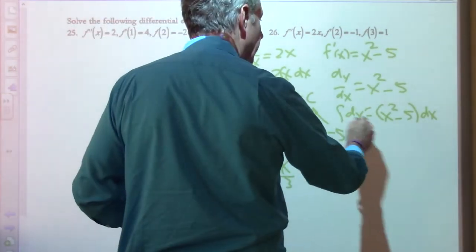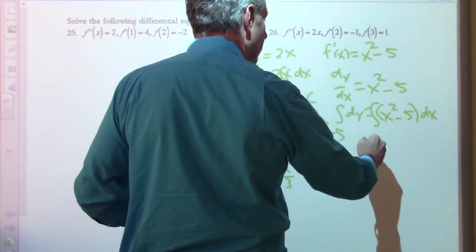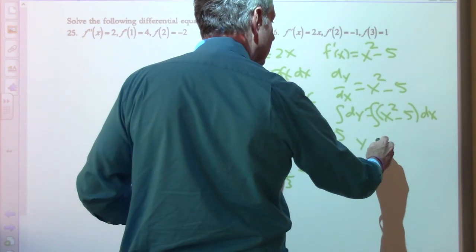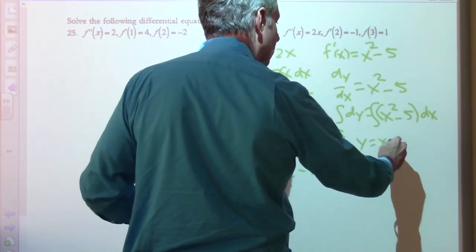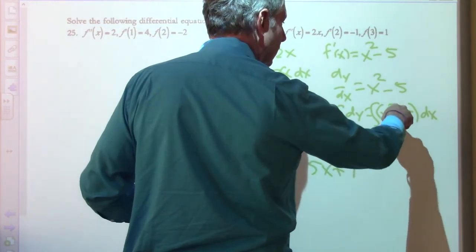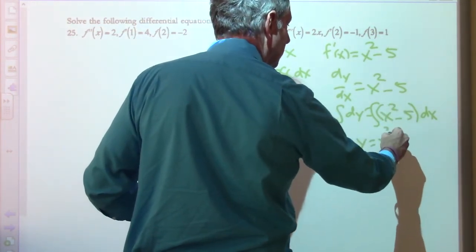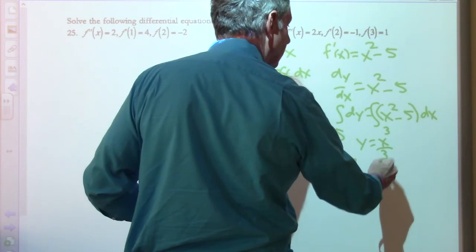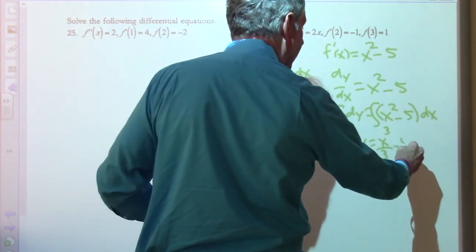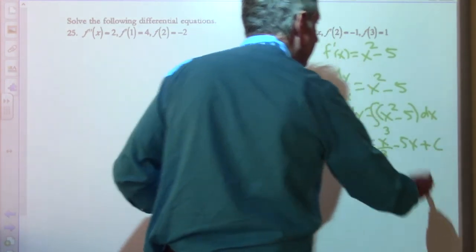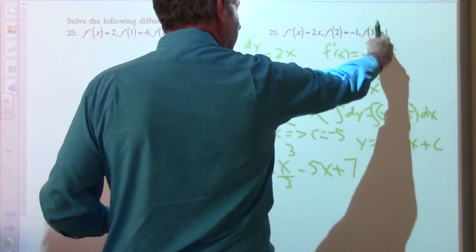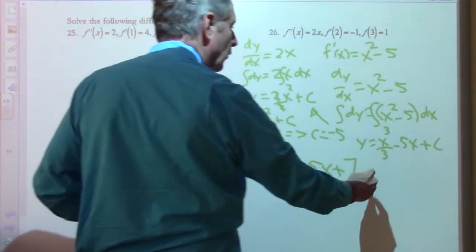And now the integration. So we have y is equal to x cubed over 3 minus 5x plus c. And the final step is to take this thing right here.